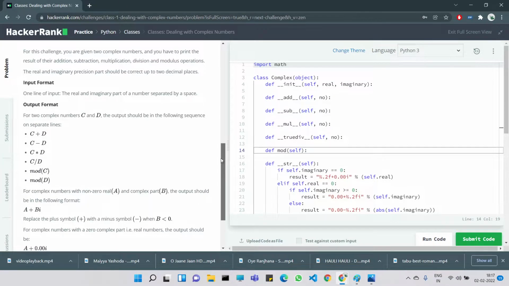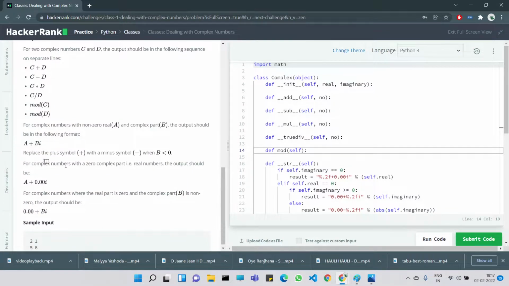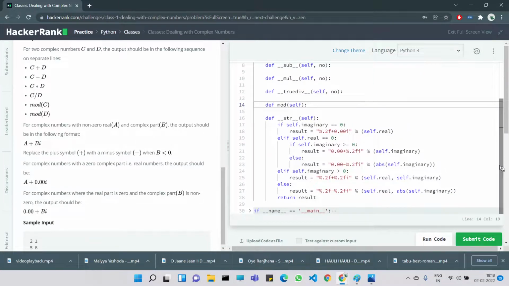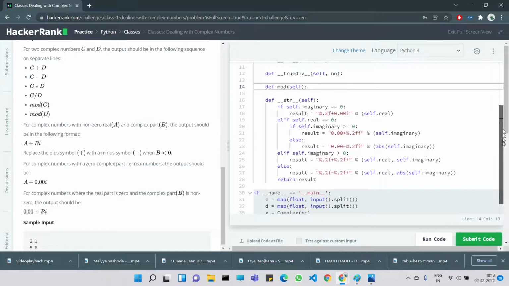Then they have also mentioned some cases for the complex numbers with non-zero real value and complex part. The output should be in the following format, like that. They have mentioned some things over here. So let's look at it, they have already provided some code.